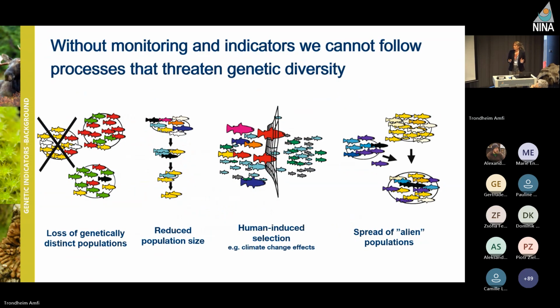So without monitoring and also indicators, we cannot really follow the processes that threaten genetic diversity, such as loss of genetically distinct populations, reduced population size, human-induced selection, for instance, climate change effects, and the spread of alien populations.